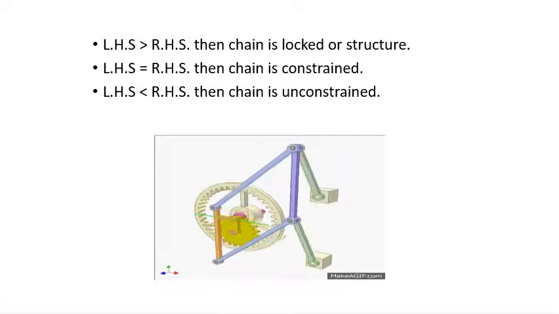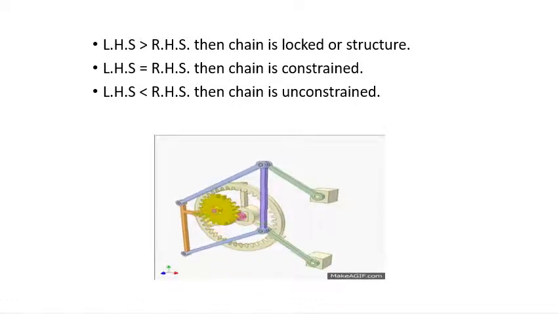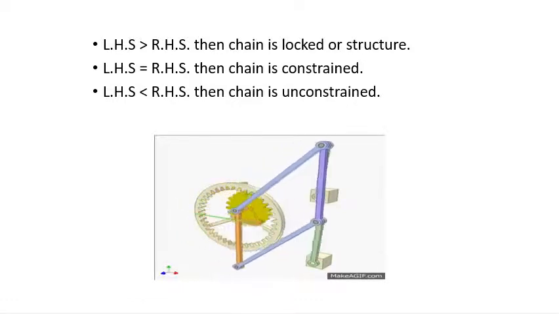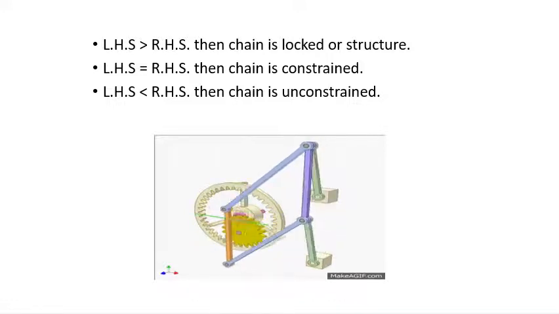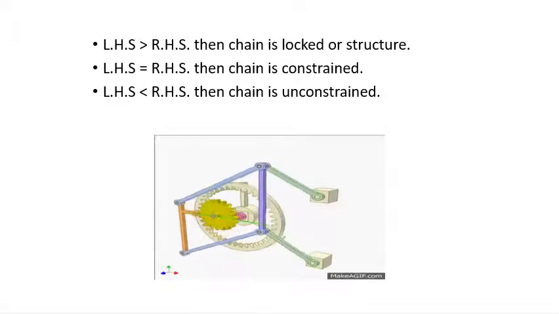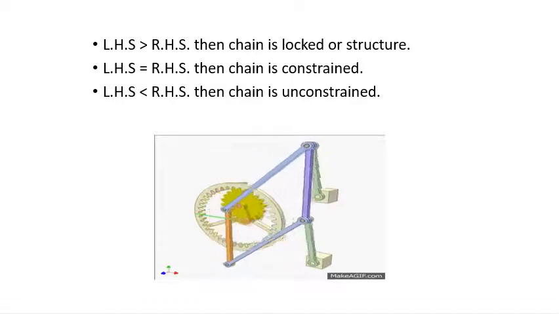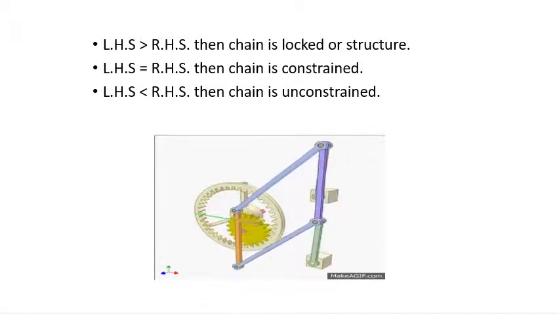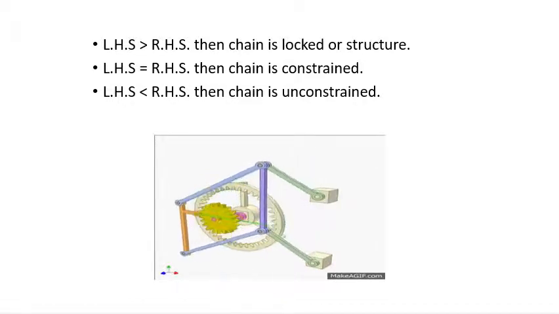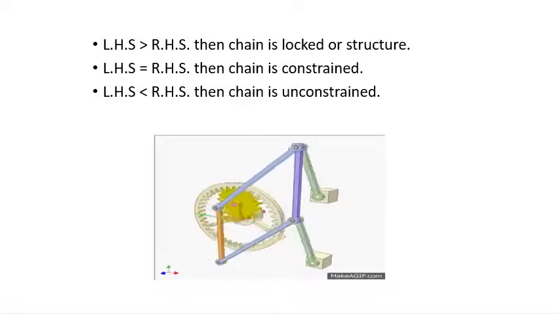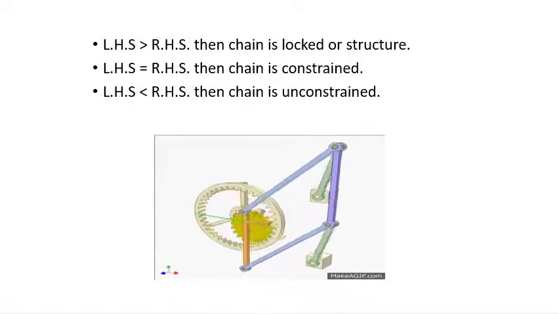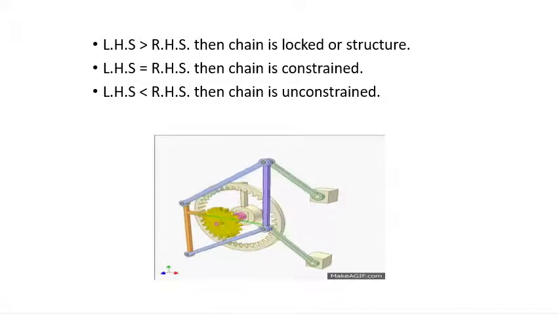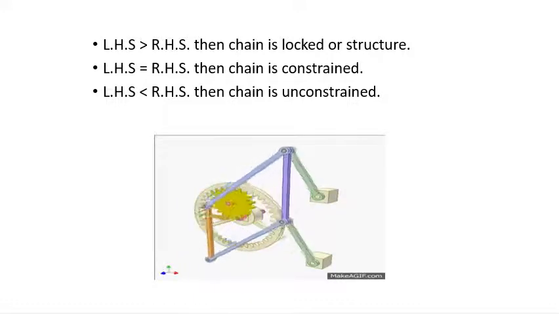Okay, next condition. If the left hand side of both equations becomes equal to the right hand side, then the chain is constrained, which is nothing but the chain having a motion in a particular direction. In this example you can see the chain is having a motion in a particular direction, or constrained motion.